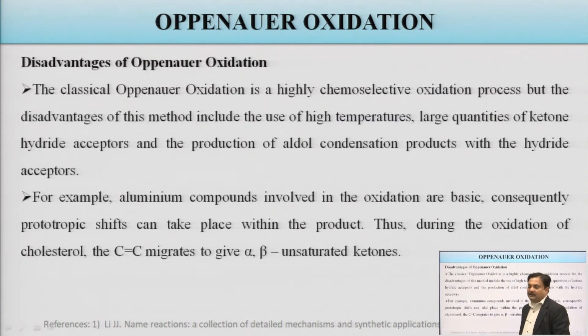Now, disadvantages. So, Oppenauer oxidation has a few demerits also. The classical Oppenauer oxidation is a highly chemoselective oxidation process, very chemoselective. Okay. But the disadvantages of this method include the use of high temperature, as I told you, we need some temperature for this reaction to be completed, and a large quantity of ketone.